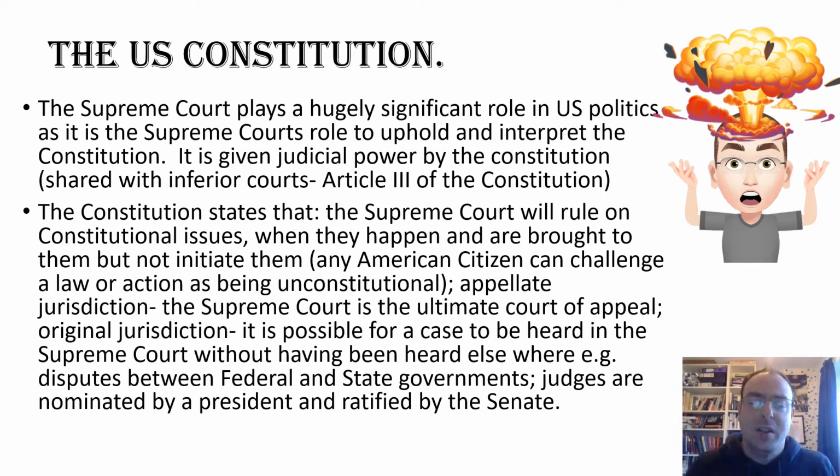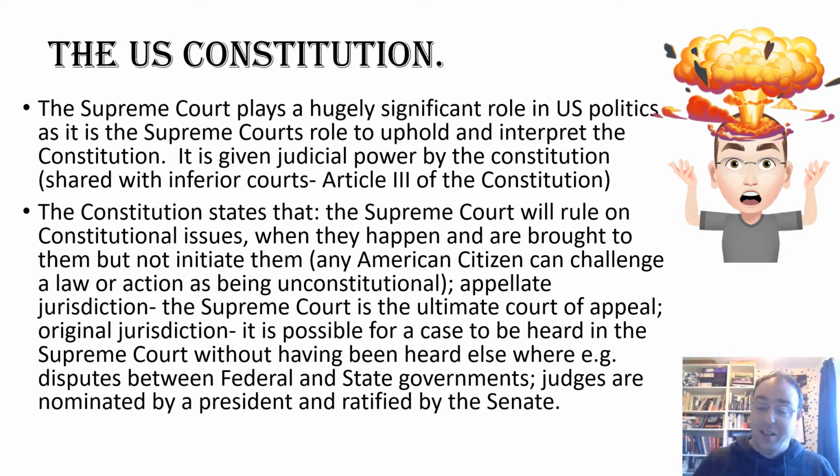Now, any US citizen can challenge a law or an action as being unconstitutional, and that can ultimately end up in the Supreme Court, but it won't necessarily end up in the Supreme Court, but it can. It has appellate jurisdiction, which means the Supreme Court is the ultimate court of appeal in the US.